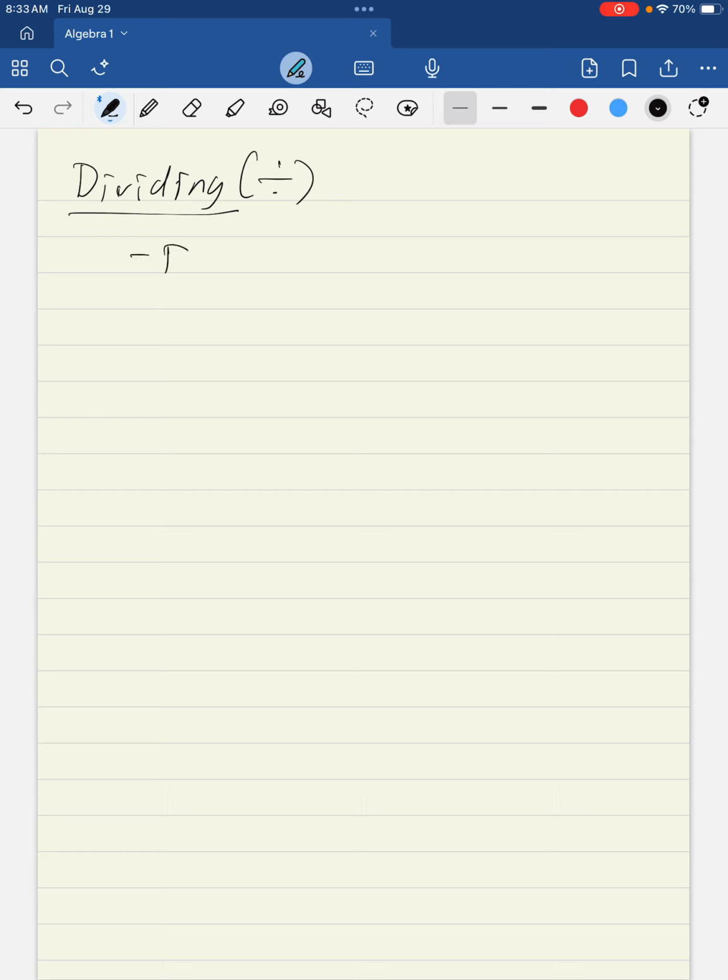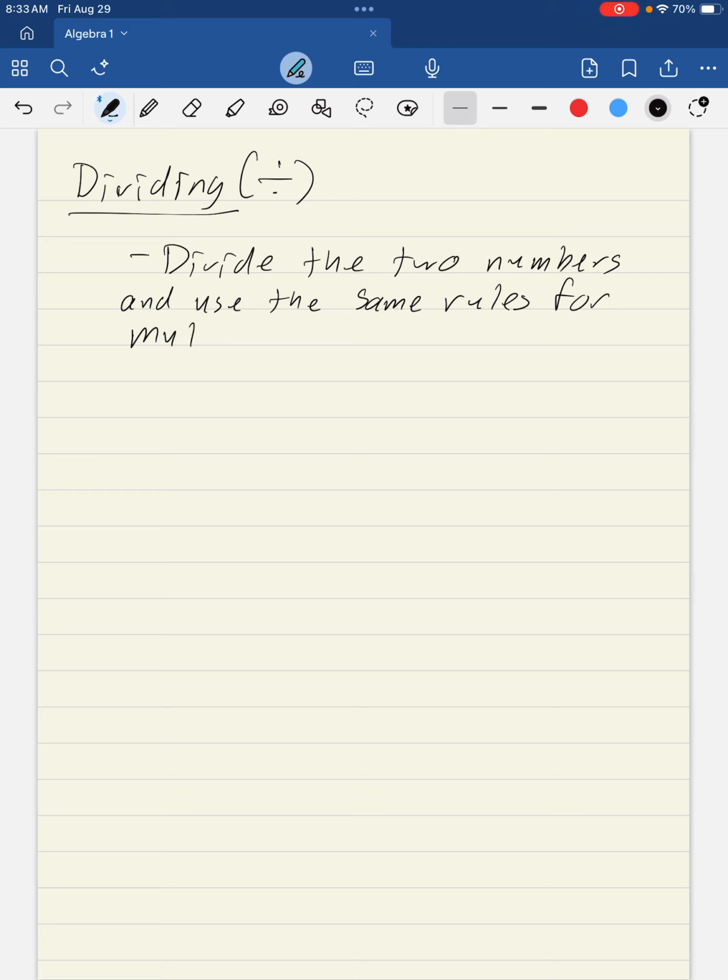We're going to divide the two numbers and use the same rules for multiplying integers, and I'll show you what that looks like.